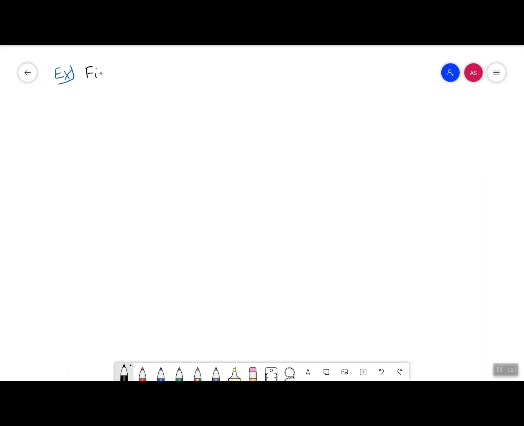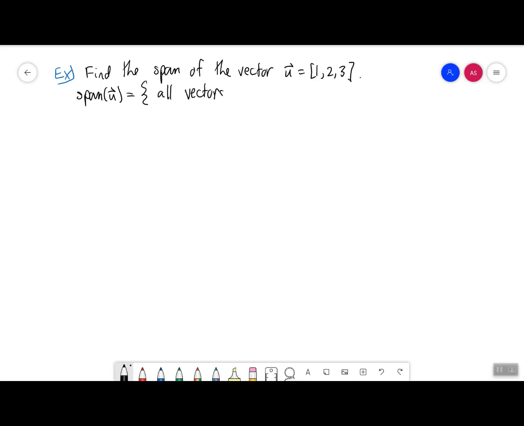Let's find the span of the vector u equals (1, 2, 3). By definition, the span of u is the set of all vectors x equals tu for t in R. And this should seem kind of similar to some things we've seen before.